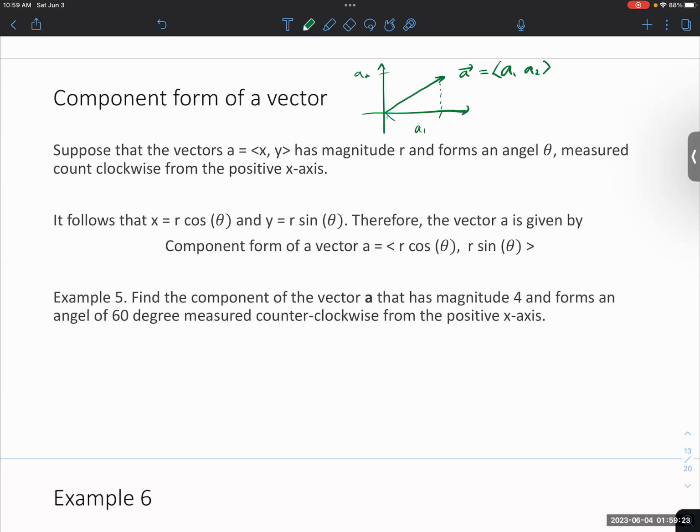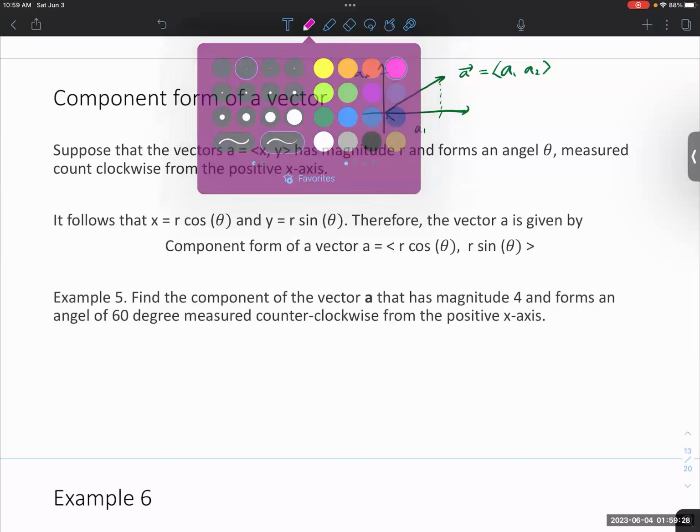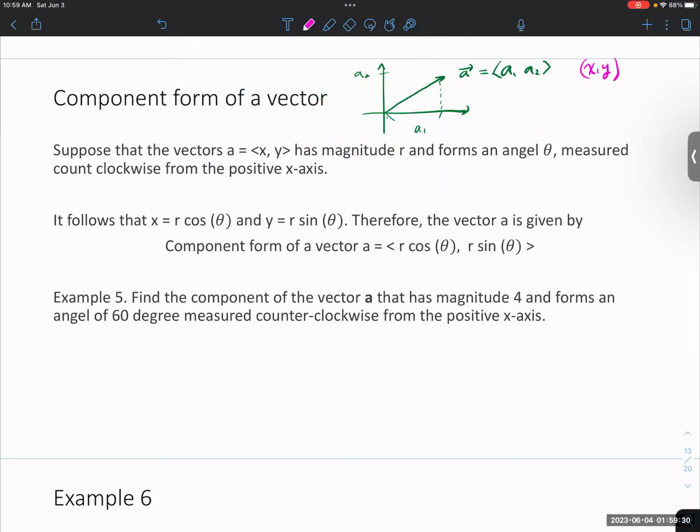Do you remember the polar coordinate system we talked about in chapter 1? x, y, you can convert it to r, theta. They're located at exactly the same position. So I can convert the vector A in terms of the polar coordinate system. If you find that vector, we call that the component form related to r, theta, the polar coordinate system.